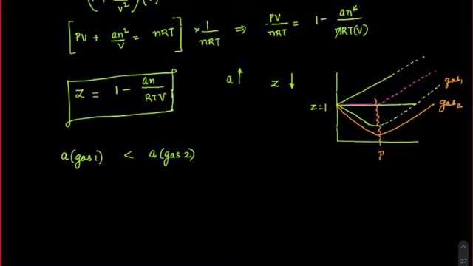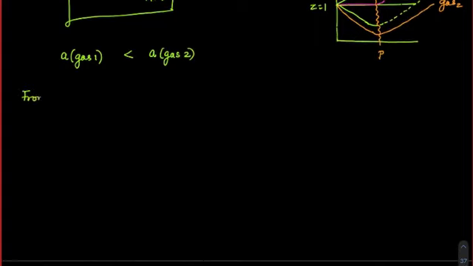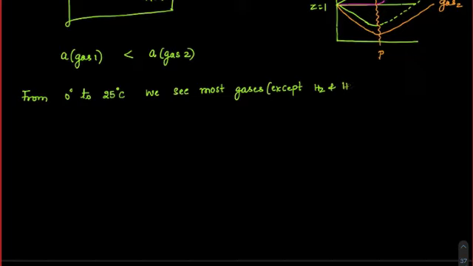All other gases at room temperature, that means from 0 degrees towards room temperature, almost 25 degrees centigrade, we see most gases, except hydrogen and helium, deviate negatively, or deviate with a Z value less than 1 under the low pressure region.